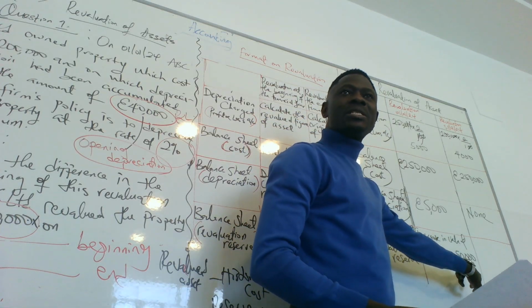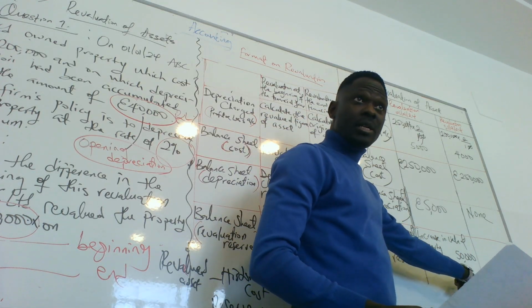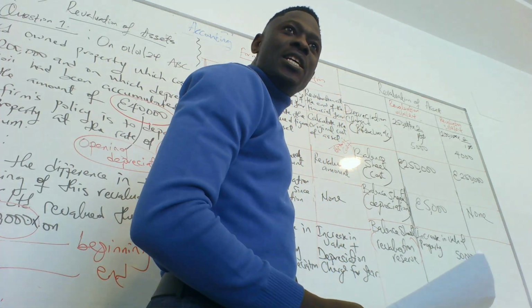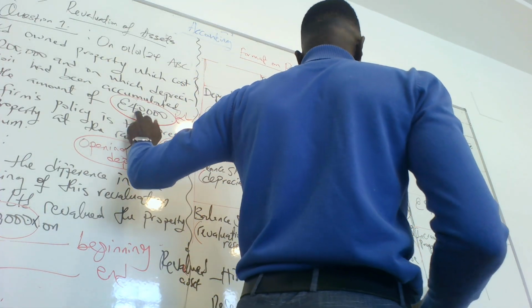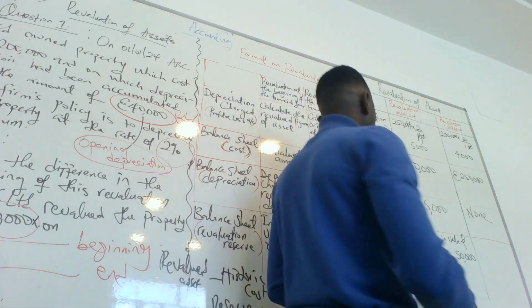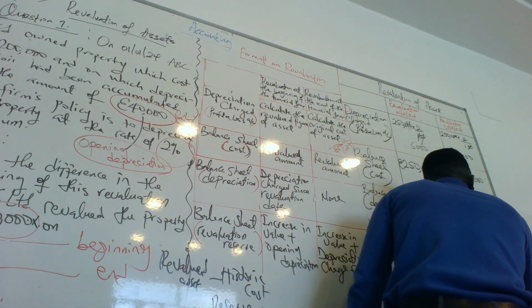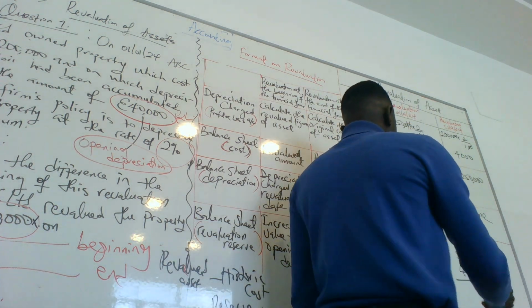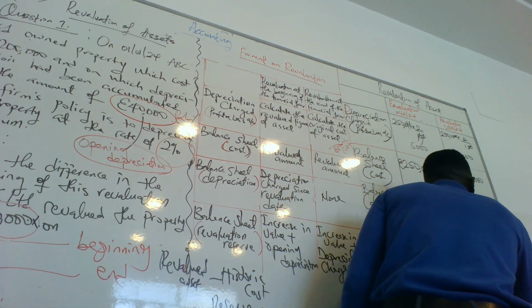Our property has increased in value by 50,000. Is it clear now, please? Then plus opening depreciation. What is the opening depreciation? 40,000. Depreciation at the beginning of the year. How much is it? 40,000. So that gives us 90,000.